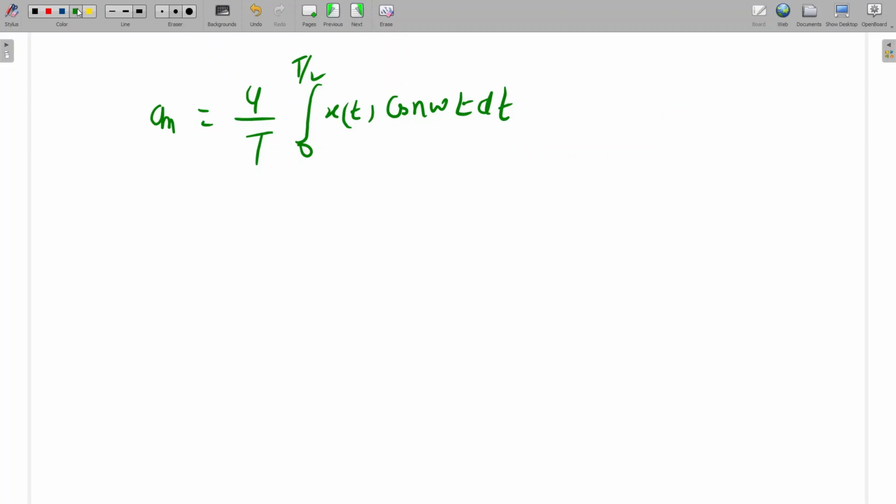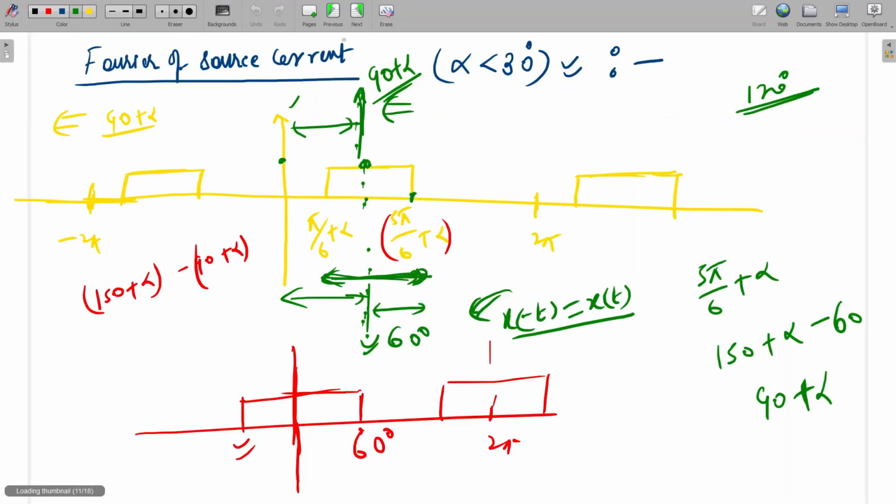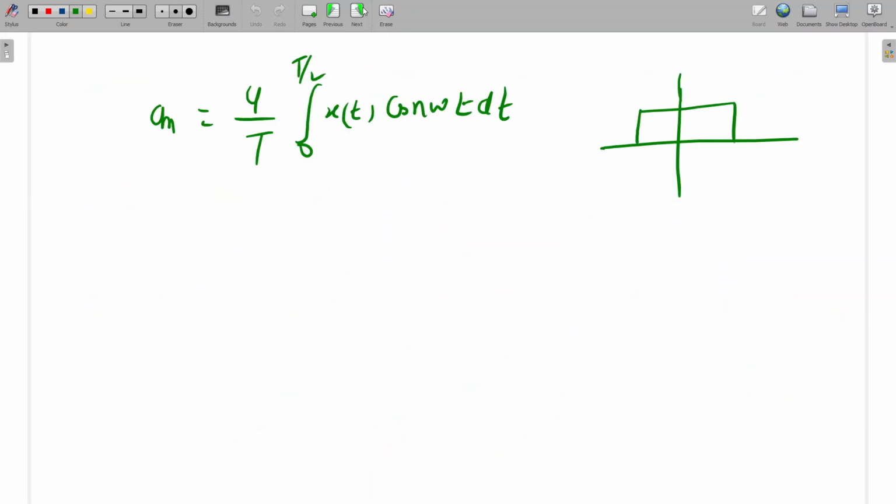Okay, so our waveform is there, from 0 to, this is how much? Pi by 3. This is pi by 3. So here you can put 4 divided by 2 pi, 0 to pi by 3. x(t) is what?